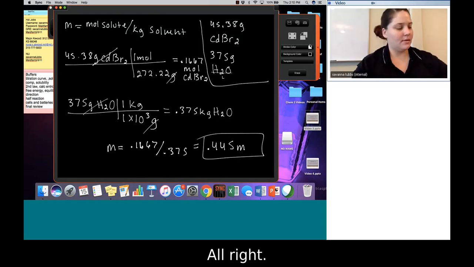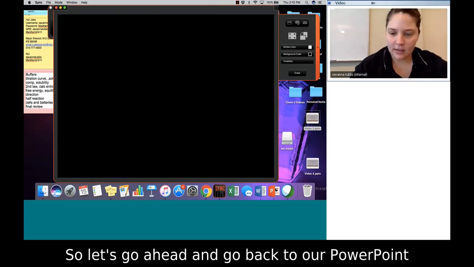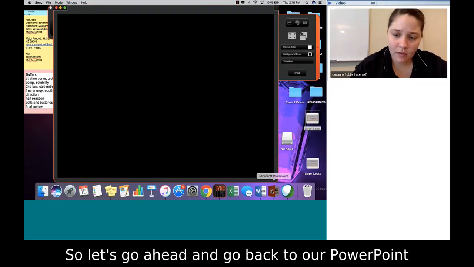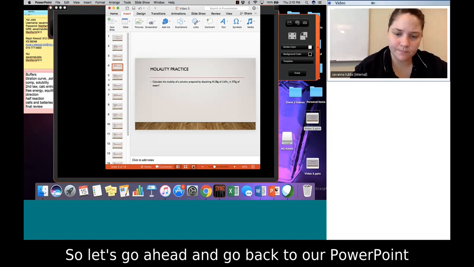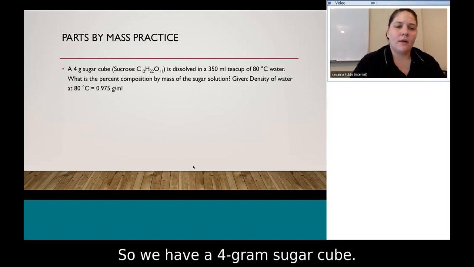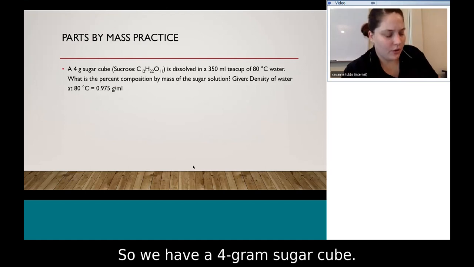All right, so let's go ahead and go back to our PowerPoint and move on to parts by mass. So we have a 4-gram sugar cube.